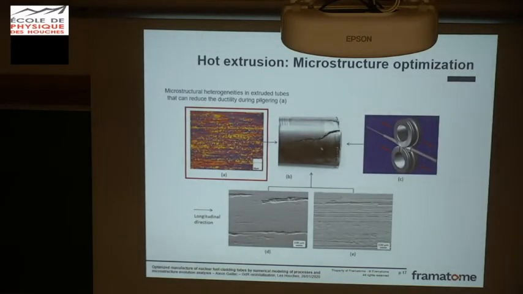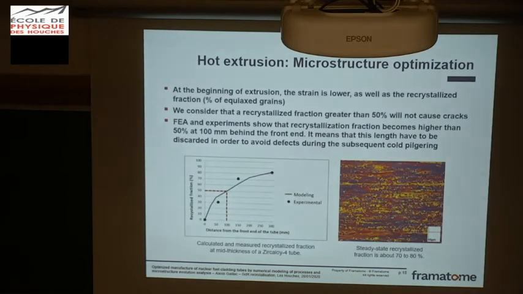So coming back to our industrial issue, how can we use this model to improve this microstructure? This is a very simple example. We saw that at the beginning of extrusion, the flow is not stable, and at the very beginning, the strain is lower. And so we have a lower recrystallization fraction. We can see it both by modeling, the lines, and also by experiments, the dots.